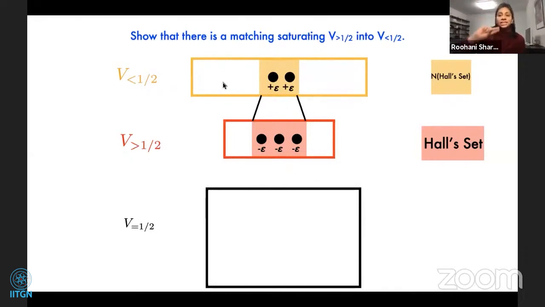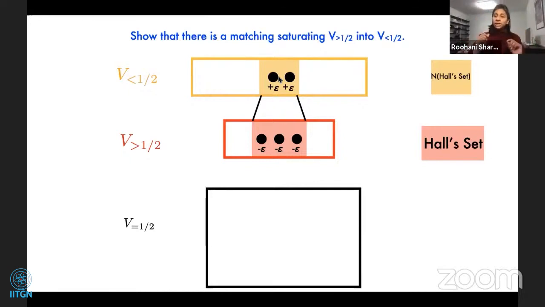And now I'll show two things. First, that these tweaked values also satisfy all the edge constraints. Second, note that these new LP values give a smaller value of the minimization function, because I have deleted epsilon from the LP value of each vertex in the red set, and I have added epsilon for each vertex of the yellow set, but the yellow set has fewer elements.